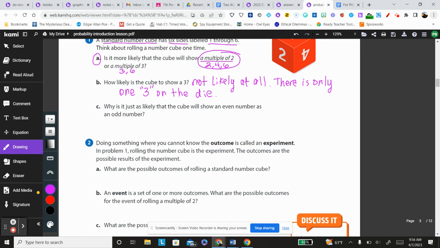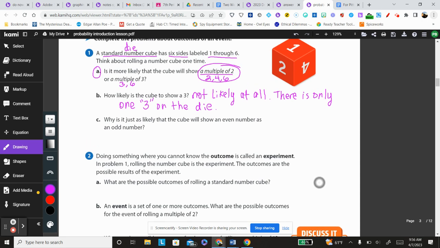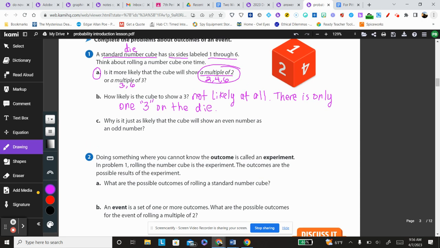All right, let's take a look at C. Why is it just as likely that the cube will show an even number as an odd number? Why is it just as likely? How likely is it to roll an even number? How many even numbers are on the die?